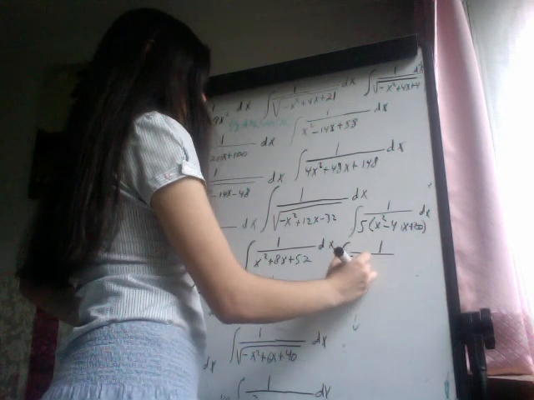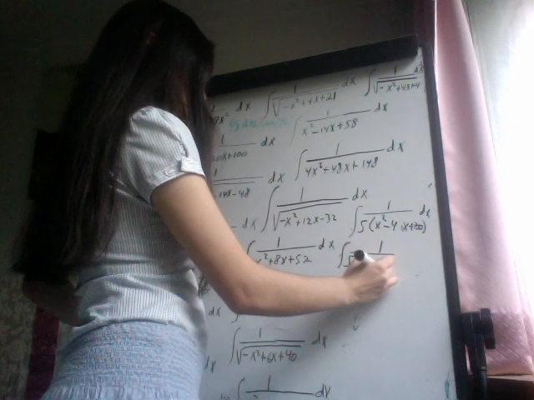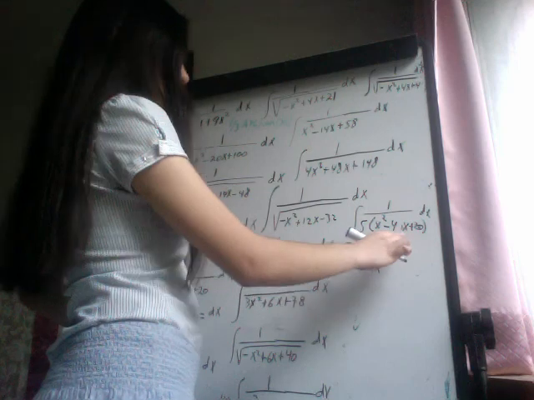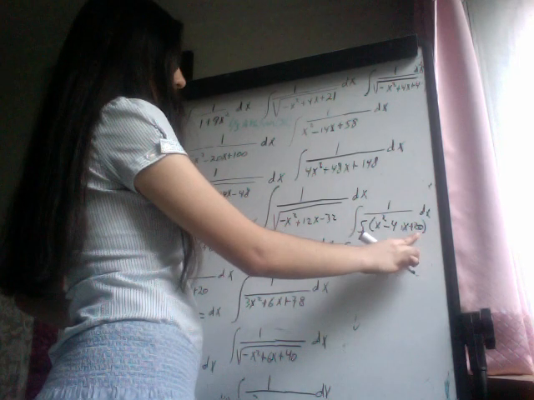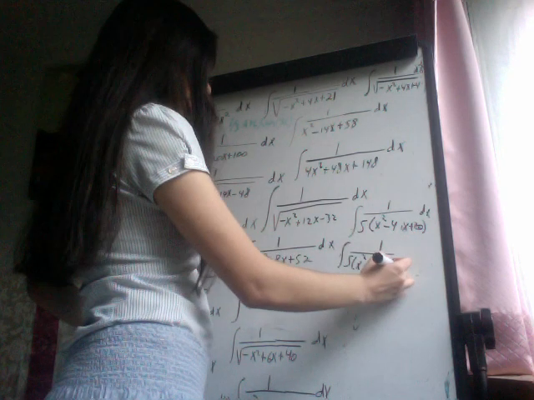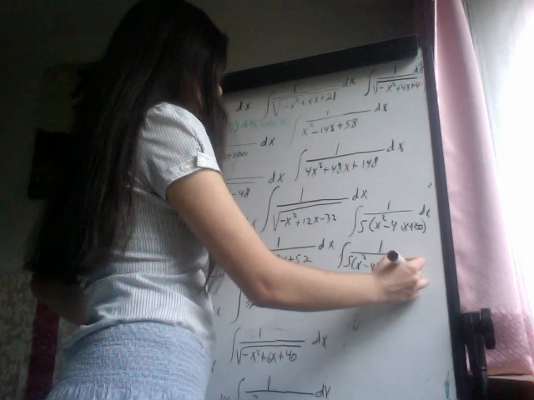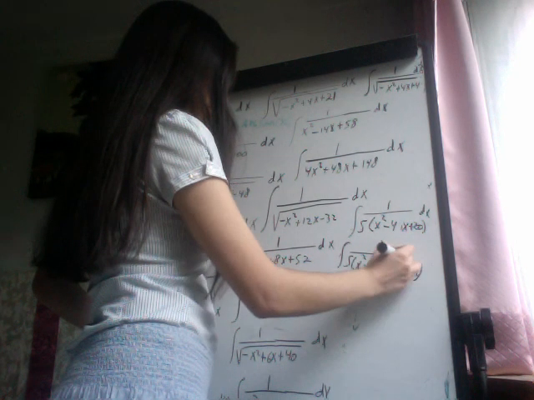So 5 times x squared minus 4x. Here, in order to complete the square, I will need to have 4 instead of 20, so I will put plus 20 plus 4, because I wanted to have 4, and I will subtract 4, dx.